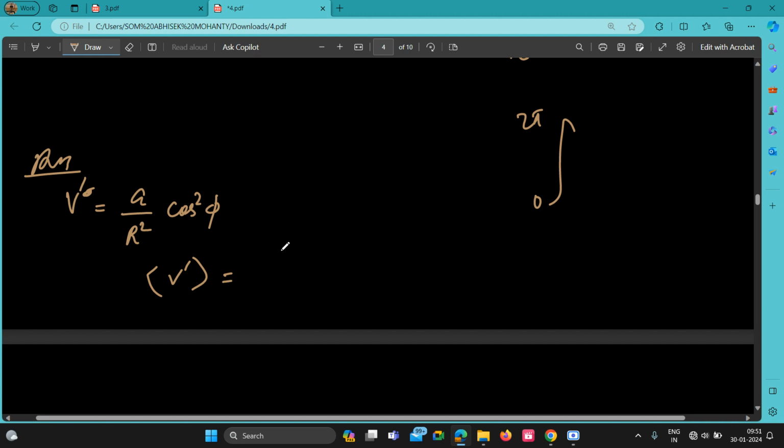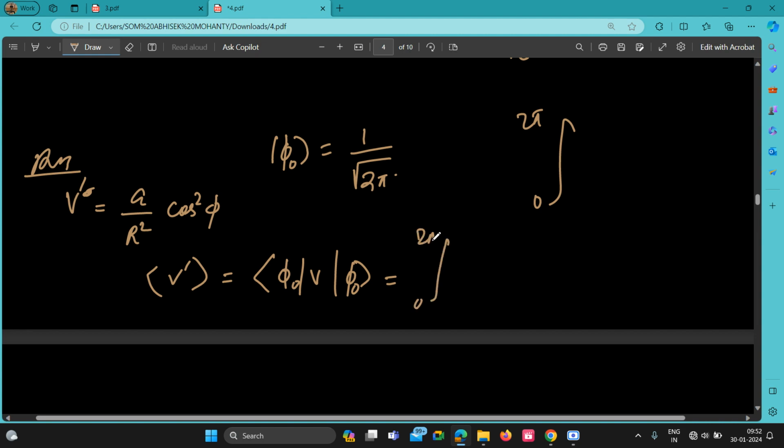So let's do the integration. Here we can say psi naught should be 1 by root over 2 pi. So this can be written as the integral from 0 to 2 pi of 1 by root 2 pi times A by r square cos square phi times 1 by root over 2 pi d phi.